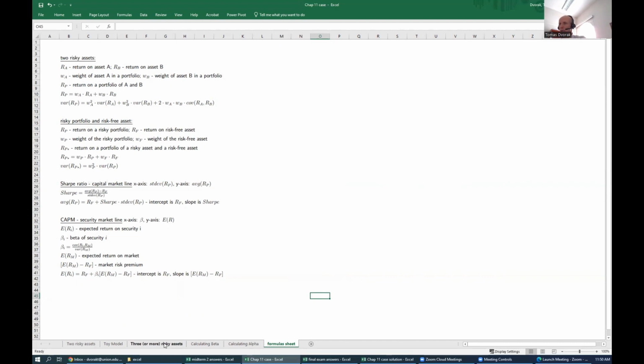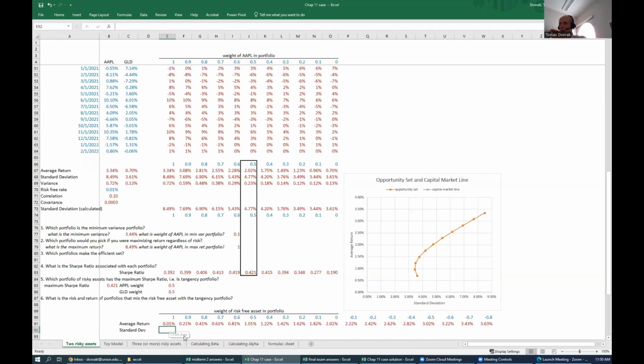So let's apply that here. In our case, the weight on the risky portfolio is 1 minus the weight on the risk-free portfolio.